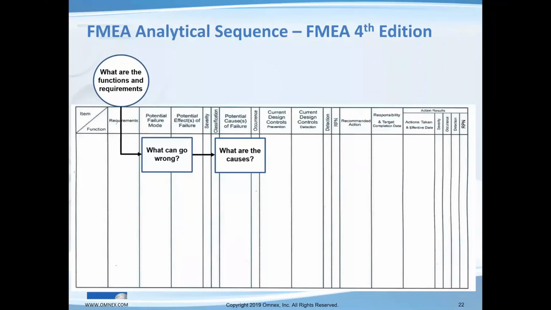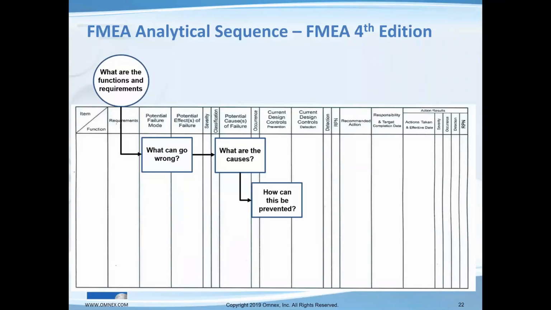And I also say this, we have written a couple of papers on this. When we surveyed the FMEA 4th edition FMEAs we had done, we did find we had causes at the focus level and we had causes at the lower level. There's much more I need to say, so I did write an article for Quality Digest where I do talk about this. So go ahead and find it and read that.